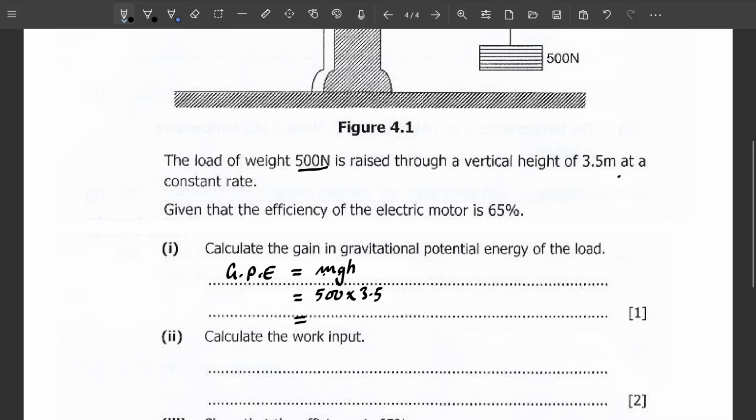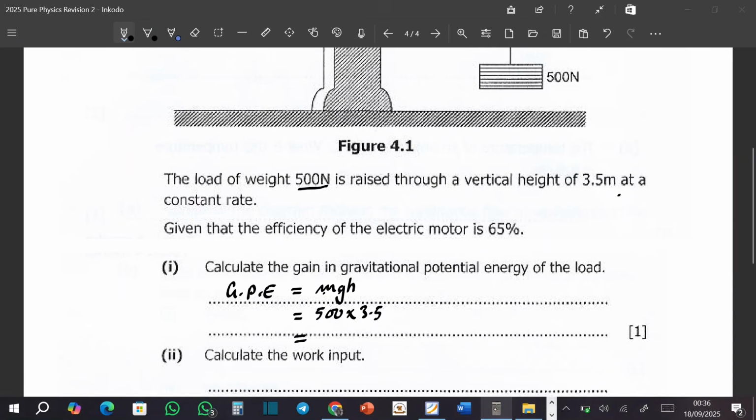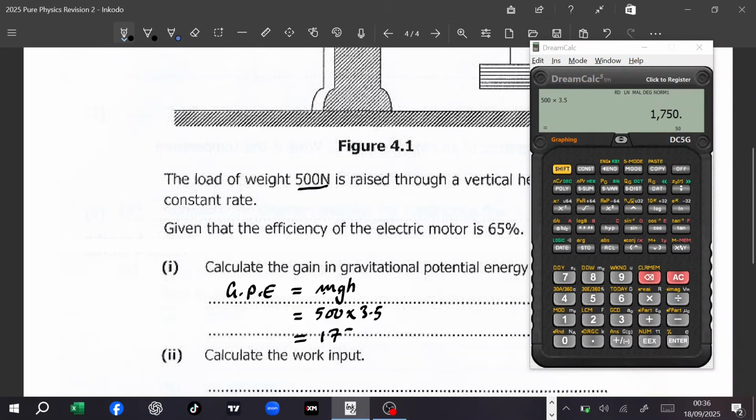So 500 times 3.5 equals 1750. So 1750 joules is the gravitational potential energy. This one is done.